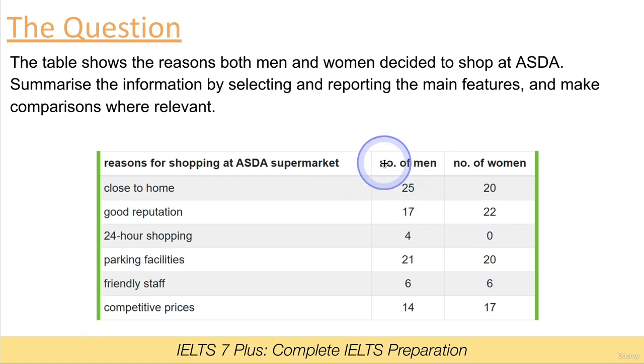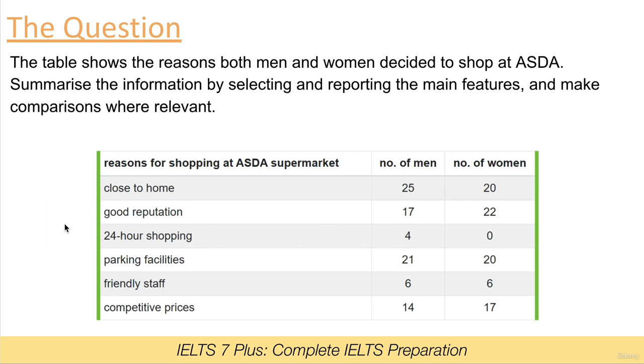And then we have men and then we have women. So these are divided into these groups, and the amounts of each person next to the reason why they shop there. So that's noted down.